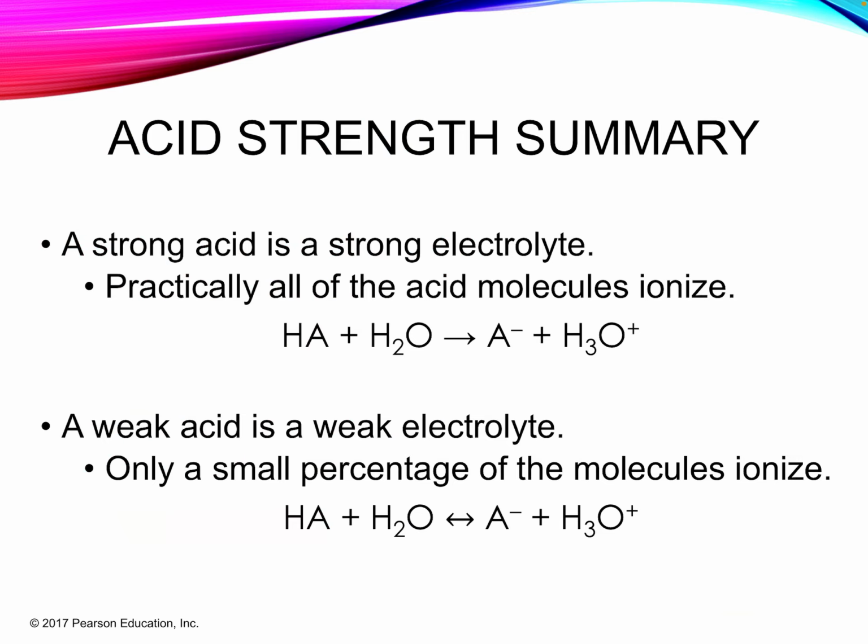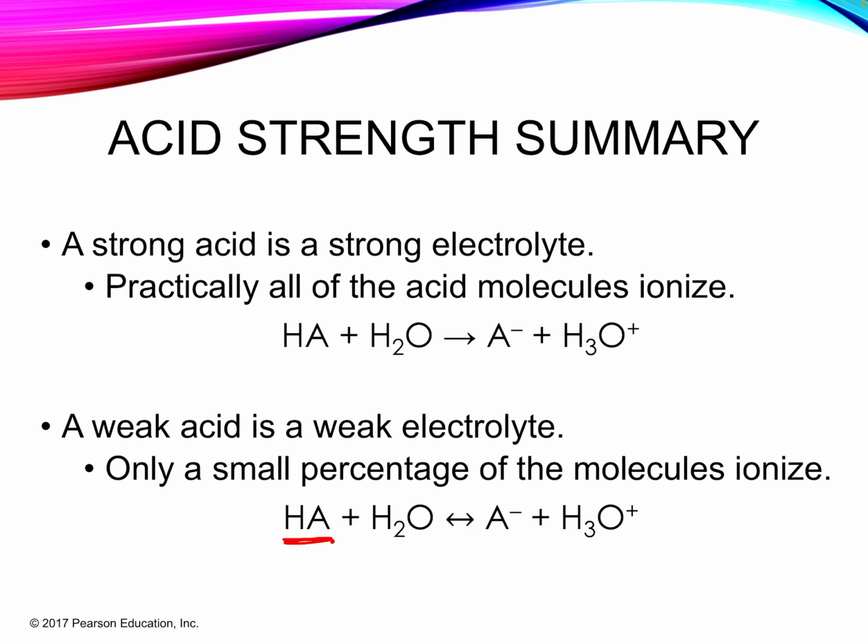So to sum it all up, a strong acid is a strong electrolyte. If you put your strong acid in water, pretty much all of it ionizes, right? It completely falls apart. That HA bond breaks apart and you're going to be left with A- and H3O+. Whereas a weak acid is a very weak electrolyte, meaning that most of the molecules will stay as your acid when they are floating around in solution, right?